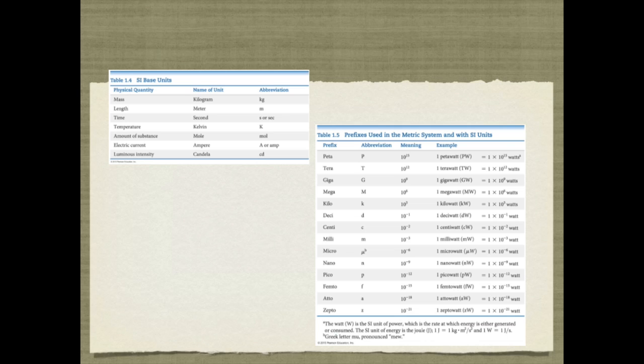And notice that the last column shows you an example. So 1 petawatt is equal to 1 times 10 to the 15 watts. That's just an example for you. And so you want to use those, and it's also a good way to think about conversion factors, which we'll talk about in just a little bit.